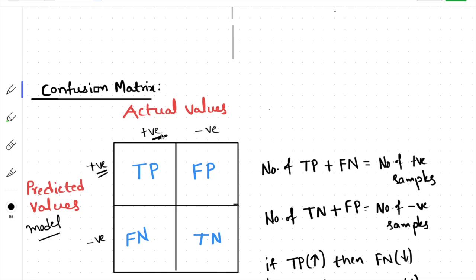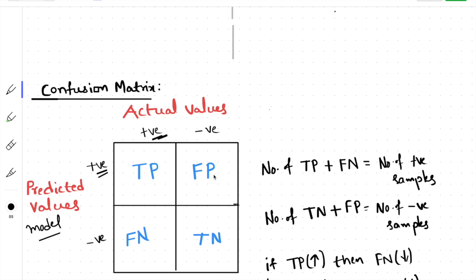If the actual sample is diabetic positive and the model has predicted positive, then whatever the model has predicted is a true positive, and all the samples that fall in this quadrant are actually positives and the model also has predicted them to be positive.